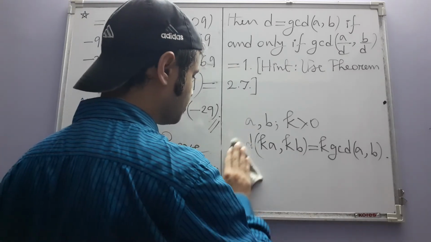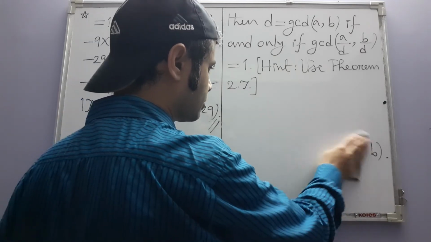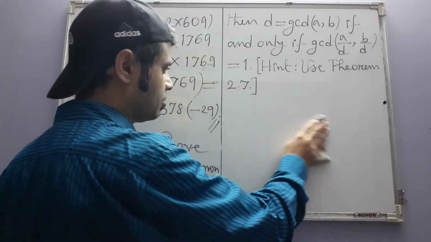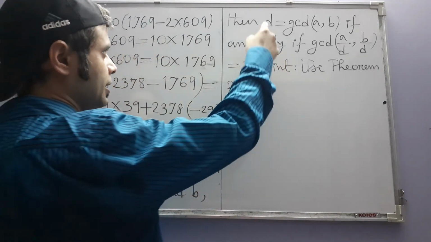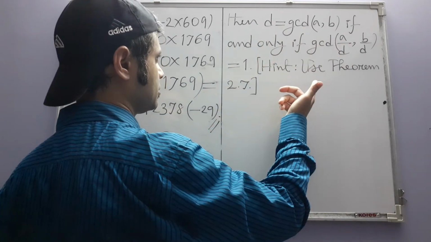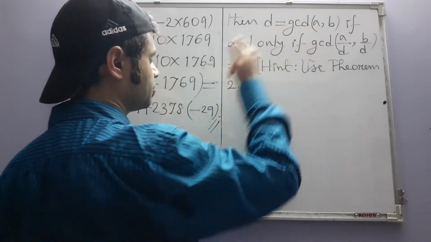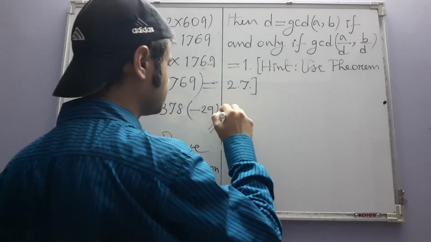Now, one part of this claim, you can see the claim actually is a two-way statement. Two-way statement means if this is true, you have to prove this is true, and conversely also, if this is true, you have to prove that this is true. So one implication is already a result that we have proved.